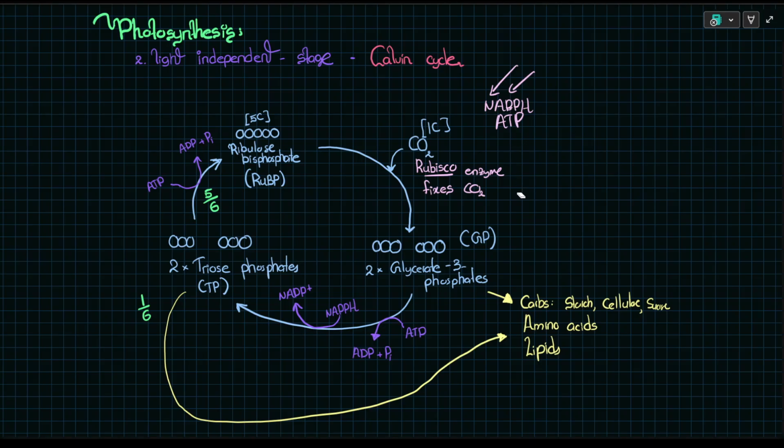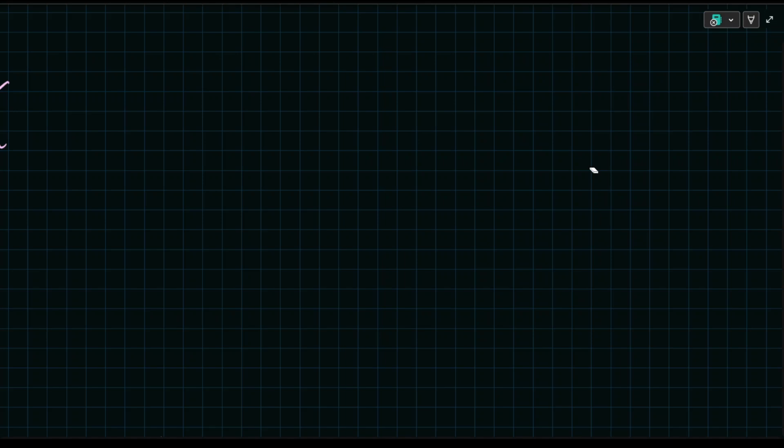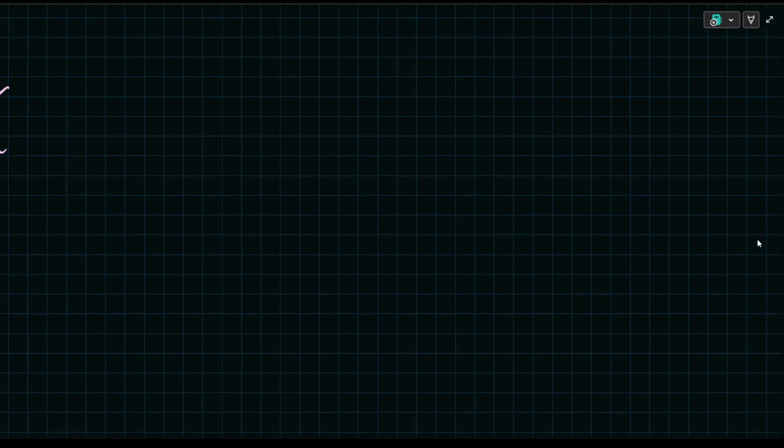Now let us outline the very shortened form of this. Very simple, pay attention. We obviously start off with RuBP. What is RuBP short for? Ribulose bisphosphate. Converted to 2 times GP, glycerate phosphates.